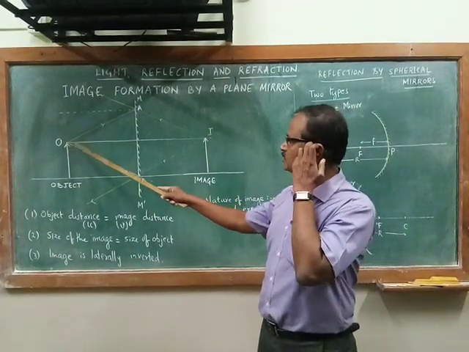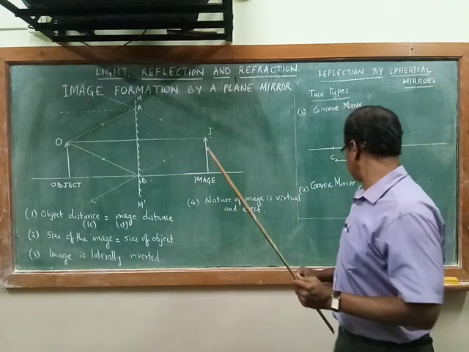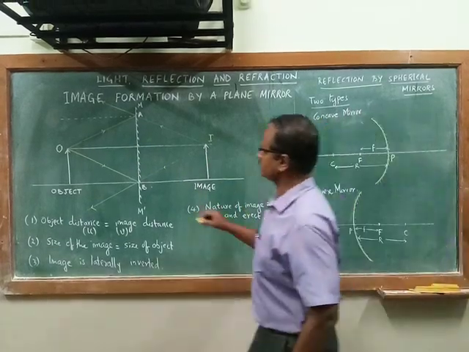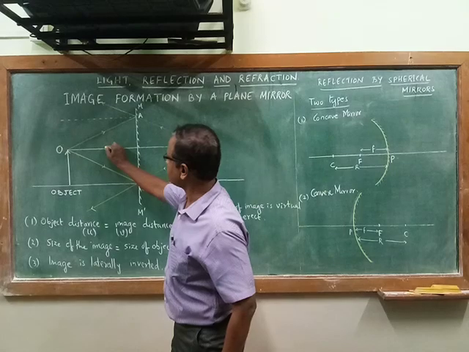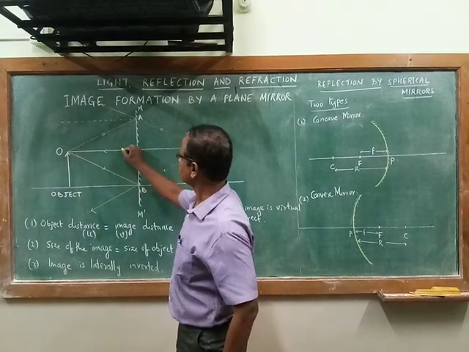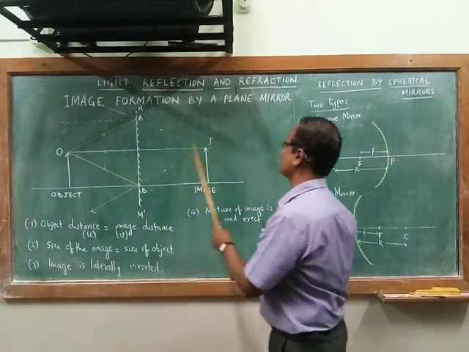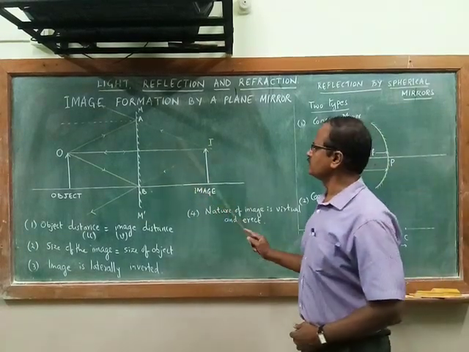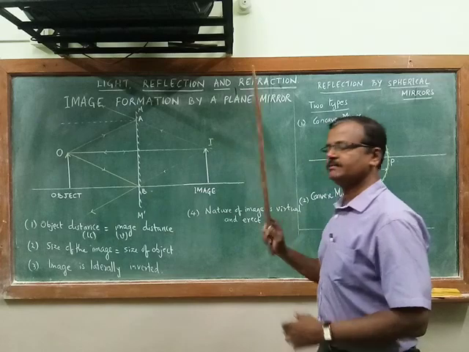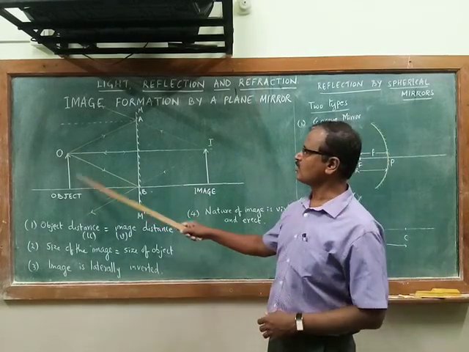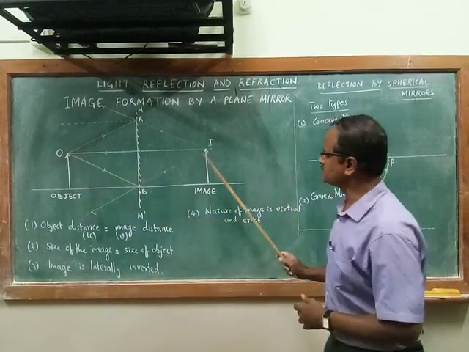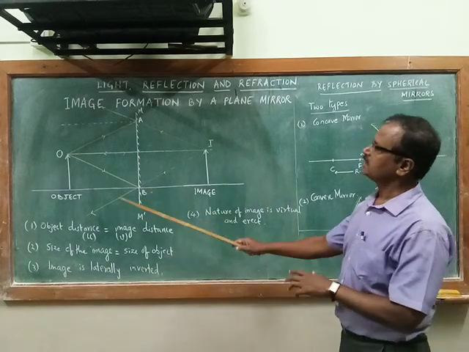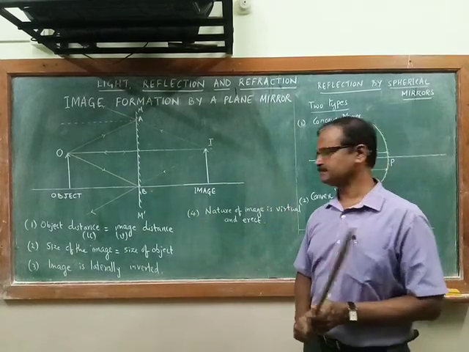One ray which is going straight gets reflected back in the same direction, so this also appears to have come from the same point. That's how the image is formed on the other side of the mirror. If O is the object on the left side, the image is formed on the right side, that is, behind the mirror.